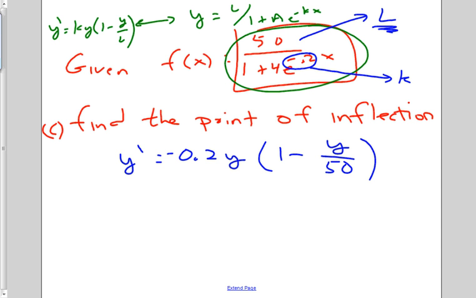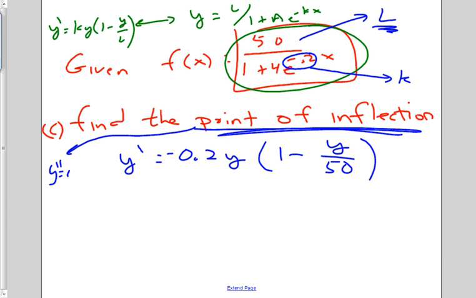And why do we want that? Well, we want that to find the point of inflection. The point of inflection occurs when y double prime equals 0. So we have the first derivative, but now we're going to find the second derivative. Before we do that, I think it would be easy to expand this.